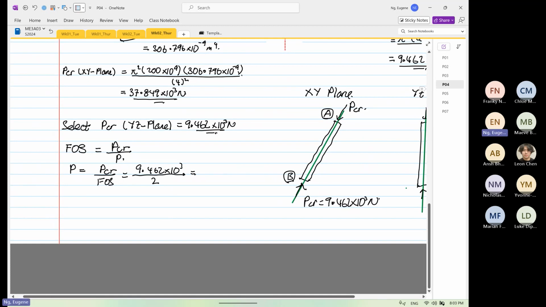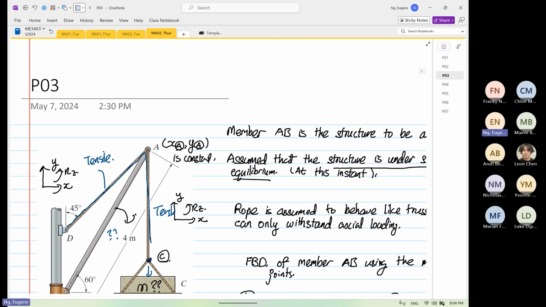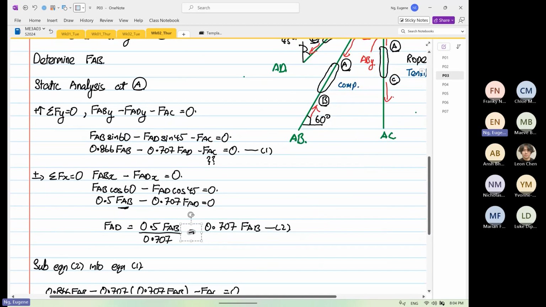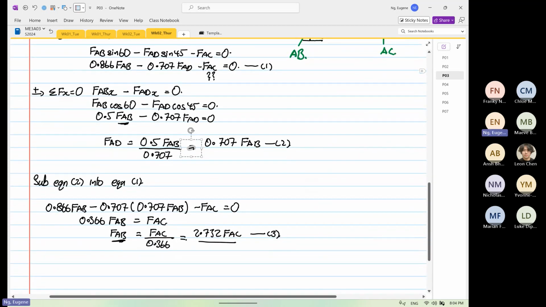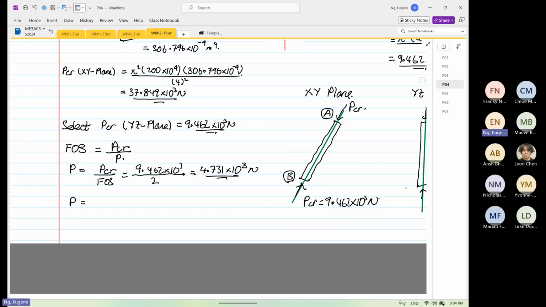So this is equal to 9.462 times 10 to the power 3 divided by 2. It's equal to 4.731 times 10 to the power 3 Newton. Then we're going to use P is equal to, we have this expression over here, P is equal to FAB.